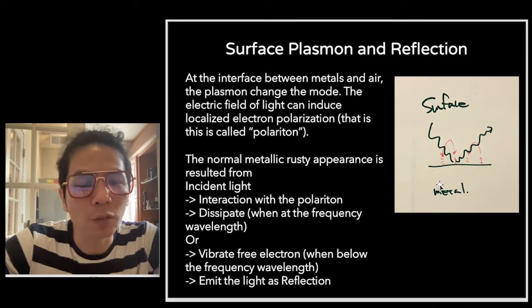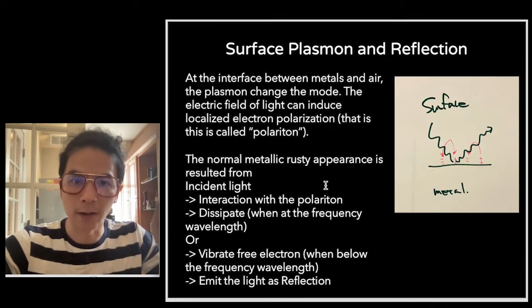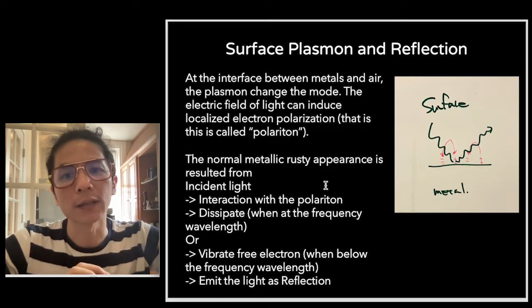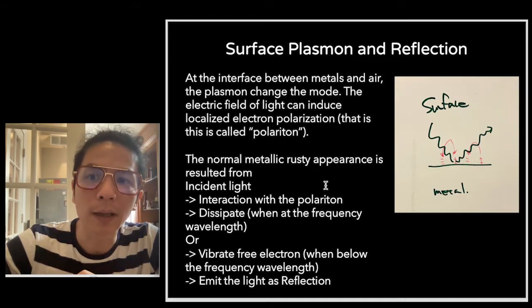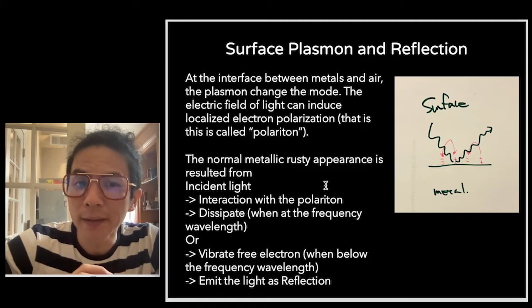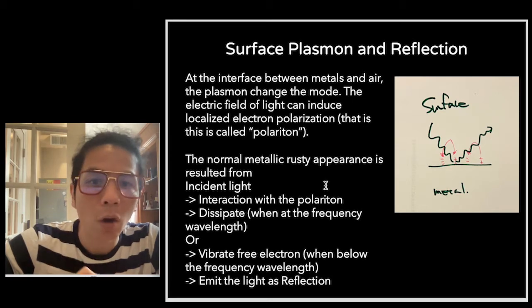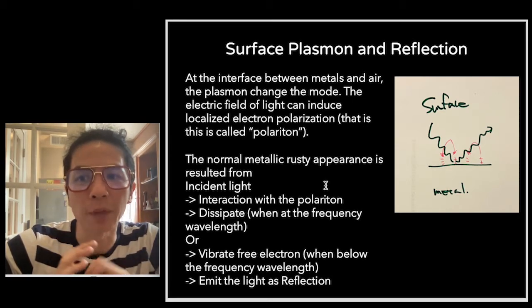And so basically the idea is like this. You can have incident light, and the incident light can interact with the polariton, and the interacted light is going to be dissipated after the excitation of the HOMO-LUMO gap, or sometimes the light is just going to be emitted.